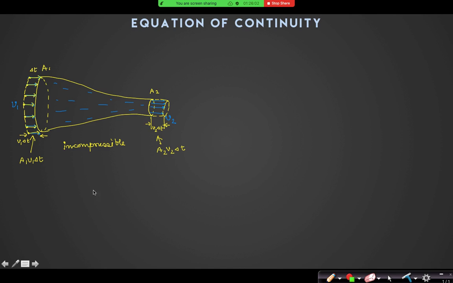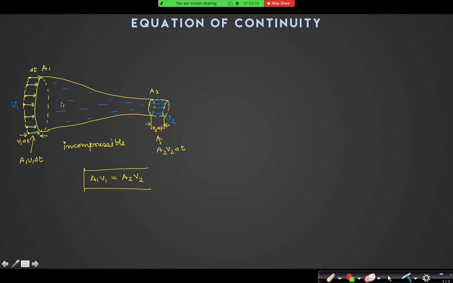So can I say that A1 V1 is equal to A2 V2? This is the equation of continuity.